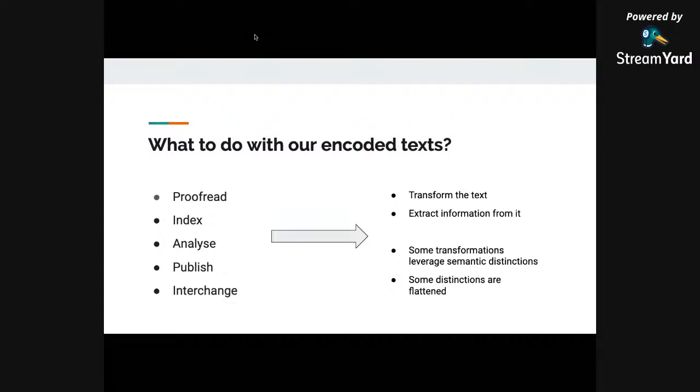One is transforming the text, meaning we transform our XML files into something else, be it an HTML web page or a PDF or another kind of publication. The other thing that we briefly touched upon in the index and analysis part is extracting information from our encoded text and presenting it in a different way outside of the XML records for each individual text.